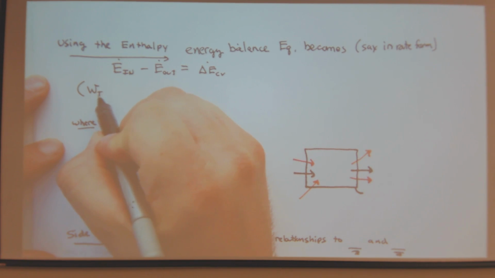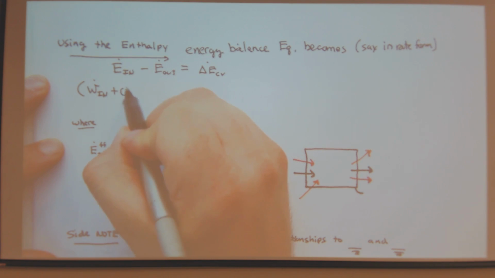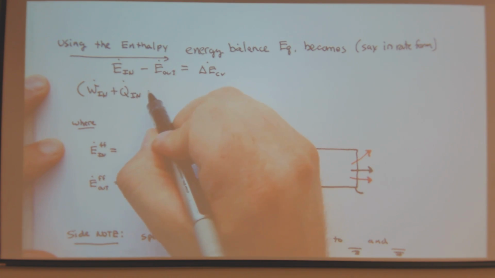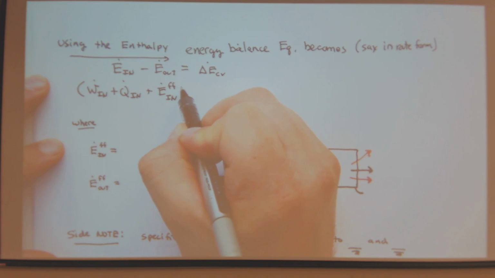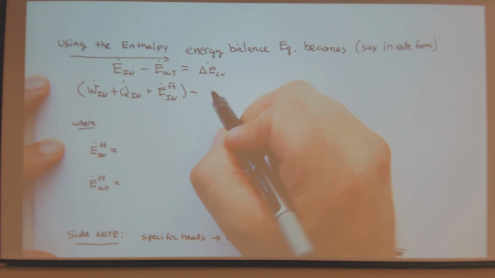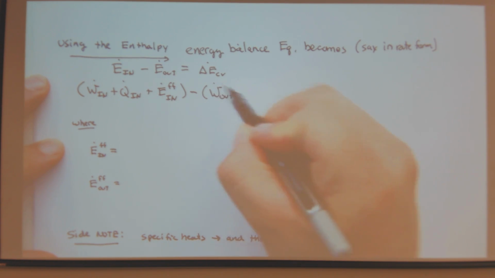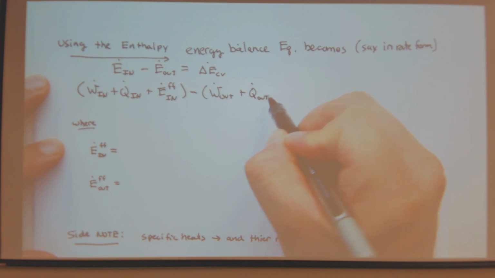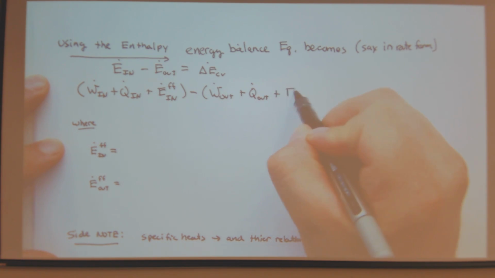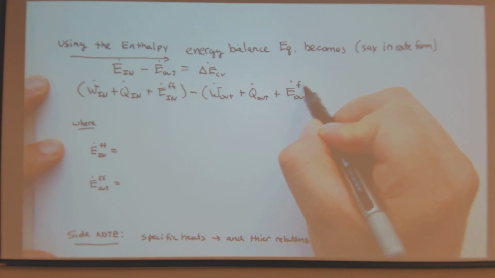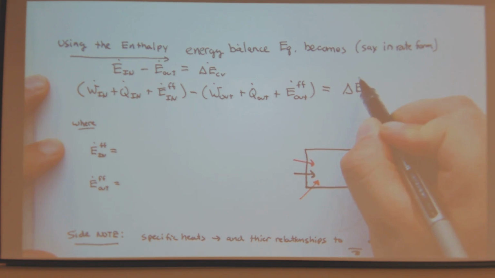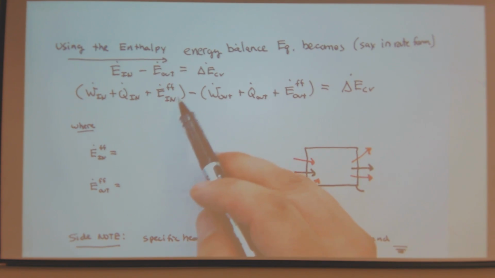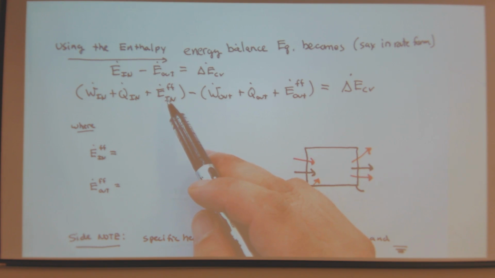Then I have work in dot plus Q in dot plus energy in flowing fluid, minus work out dot plus Q out dot plus energy out dot flowing fluid, equals delta E control volume. We simplified this one, got rid of the PV and the U, and just combined them into an H, right?